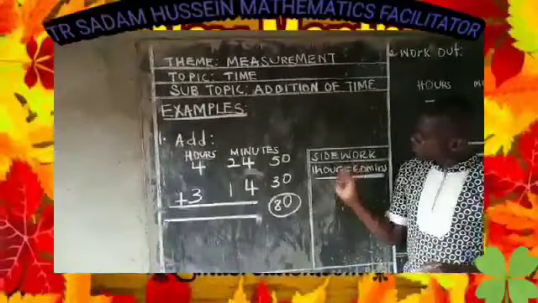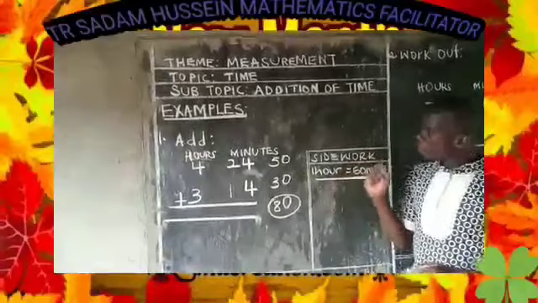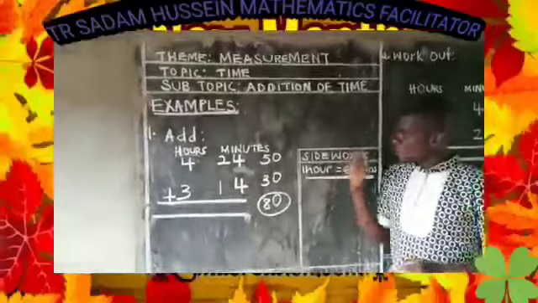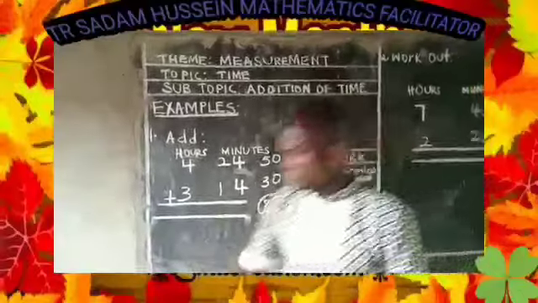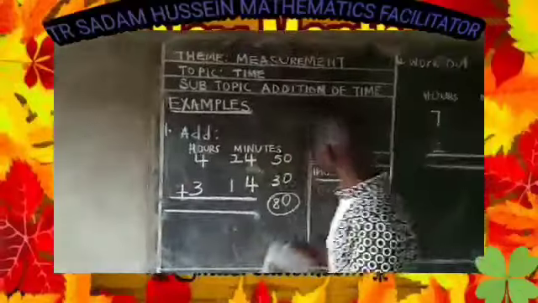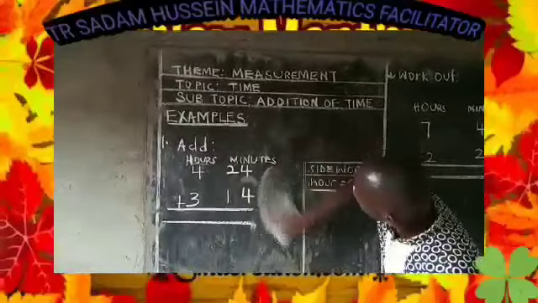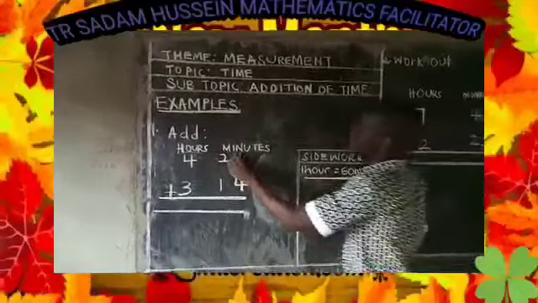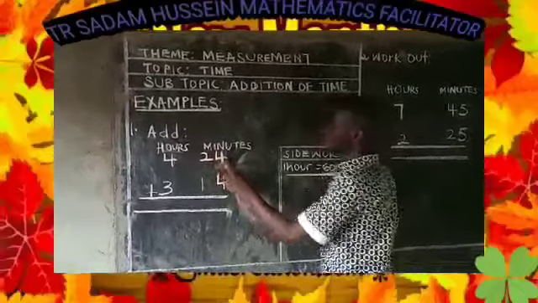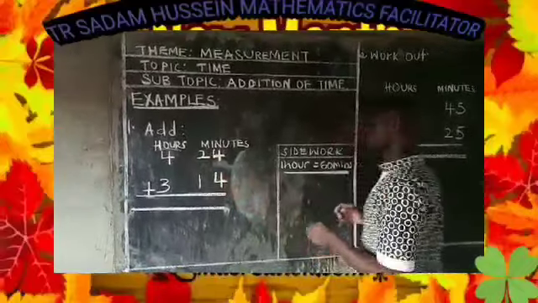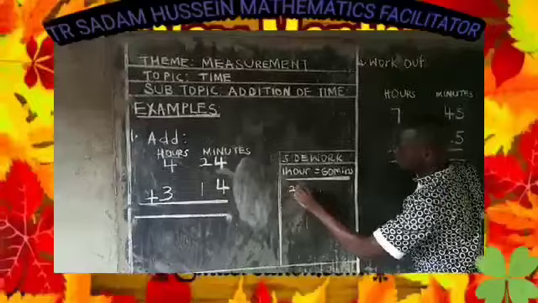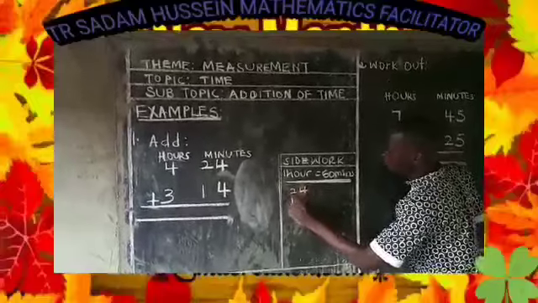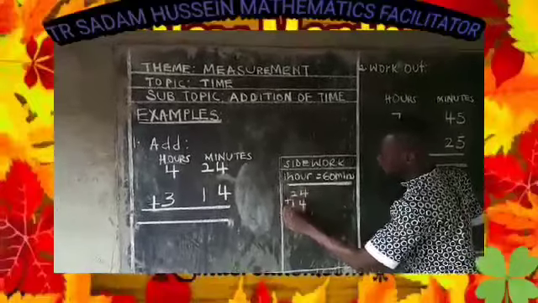So I want to look at this first example. When we are adding, I will give you 2 ways of adding under this. You should be very careful when you are adding minutes versus hours. So we are going to begin, as usual, from this side. You can say 24 plus 14, separately.